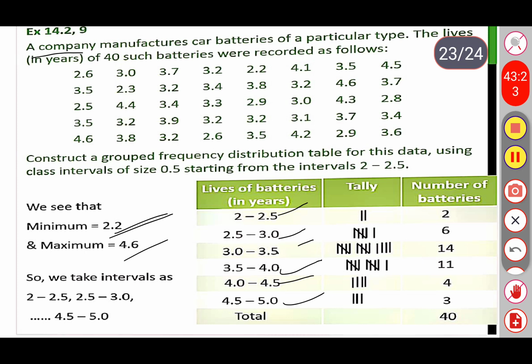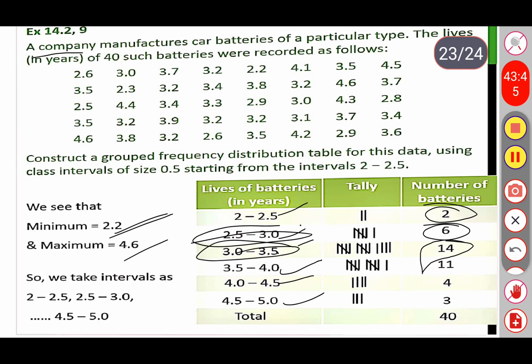2 batteries have a lifespan of 2 to 2.5 years. 6 batteries have a lifespan of 2.5 to 3 years. 14 batteries have a lifespan of 3 to 3.5 years. 11 batteries have a lifespan of 3.5 to 4 years. 4 batteries have a lifespan of 4 to 4.5 years.